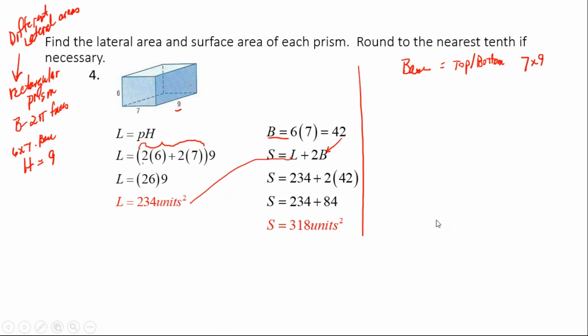So this one you have to be careful, and I will keep in track because it is a rectangular prism.